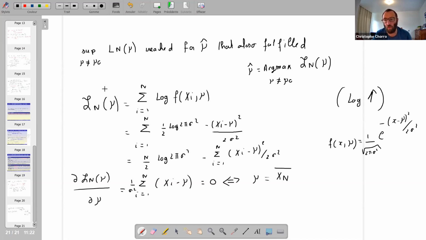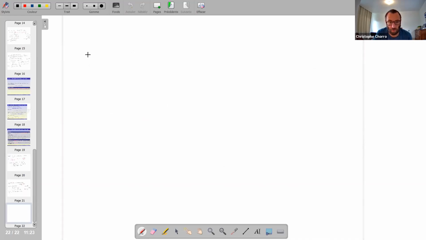I remind you, I computed the maximum likelihood estimator of a Gaussian in the case when the variance is known, computing the derivative and proving that this derivative is 0 for this value.